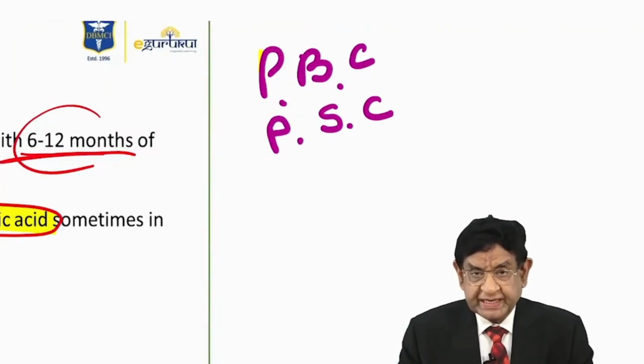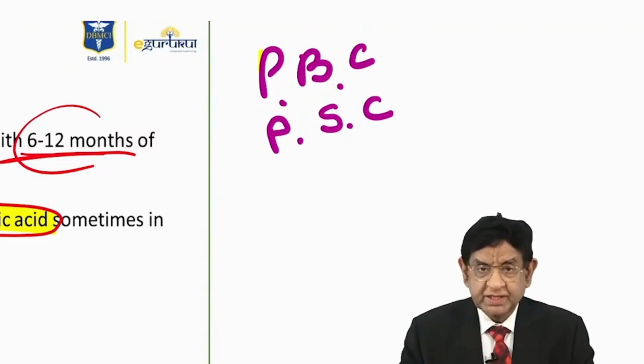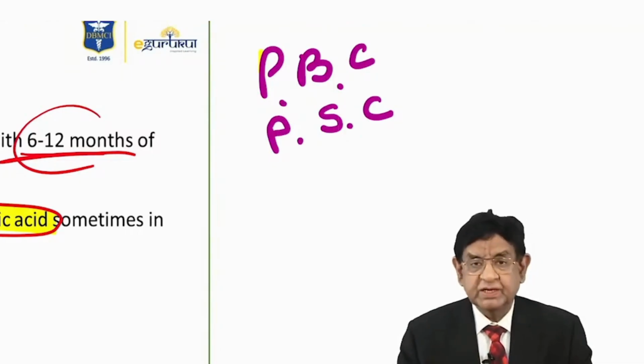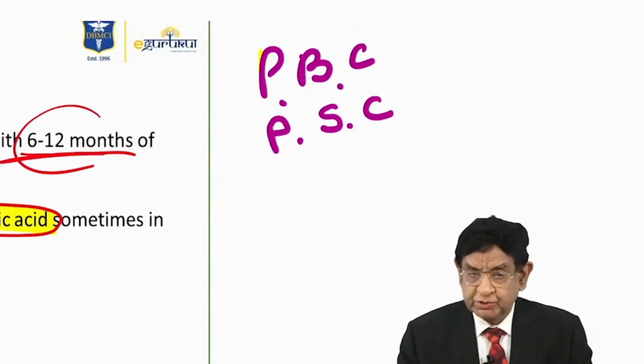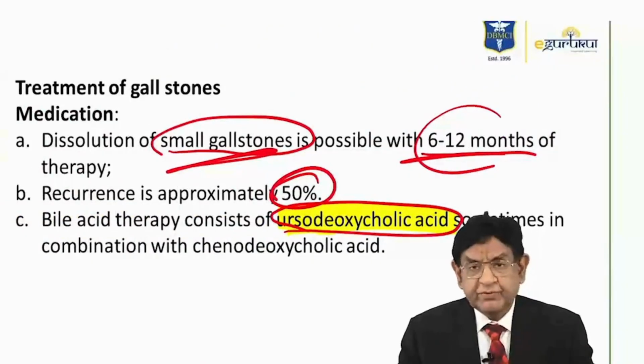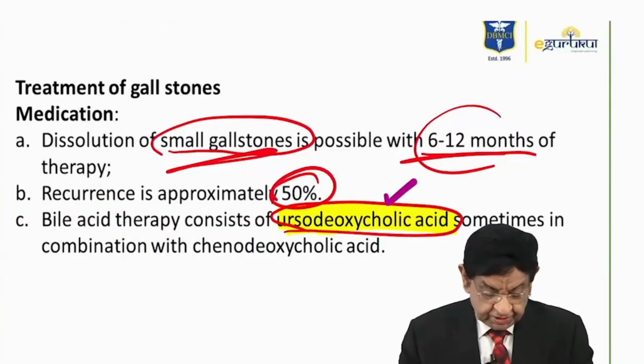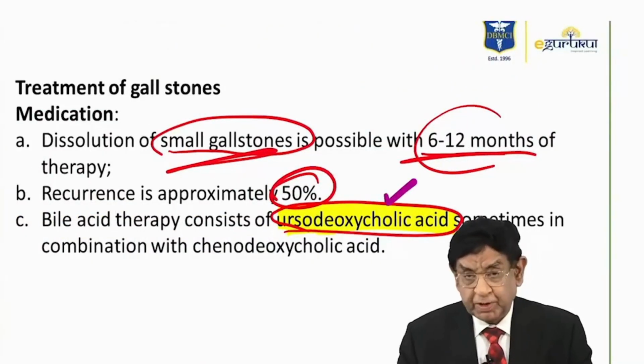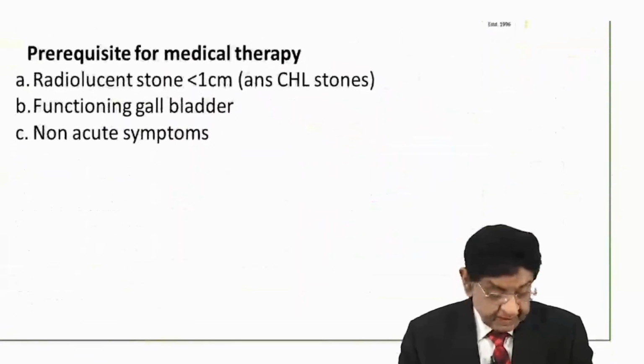I have taken a full lecture on these two topics. You can very well see that lecture to know more about the use of ursodeoxycholic acid. So the only keyword to remember is ursodeoxycholic acid, but it is not a very popular method, repeating a second time.